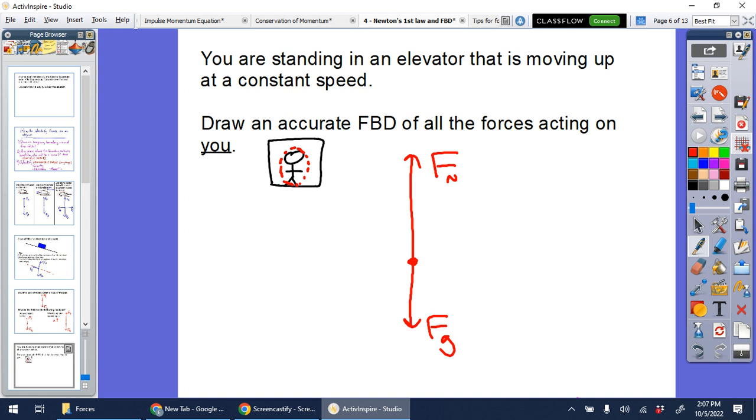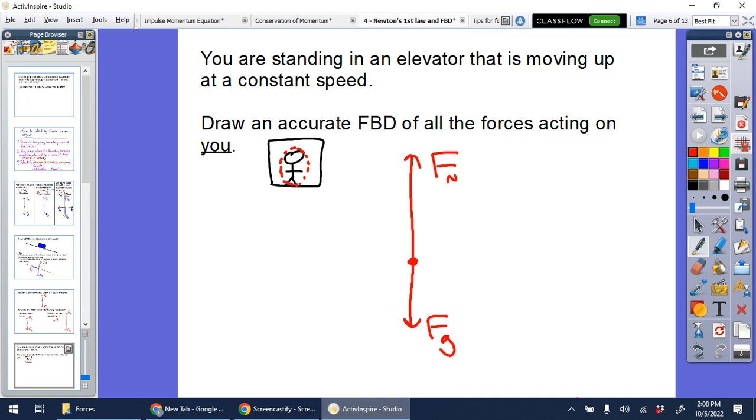It says it's moving at a constant speed, right? What do you guys think about that? What does that mean? So what has to be true about these two forces then? Okay. So in other words, is the moving up important? No, that was a distractor, right?